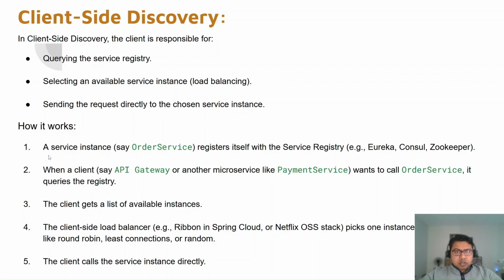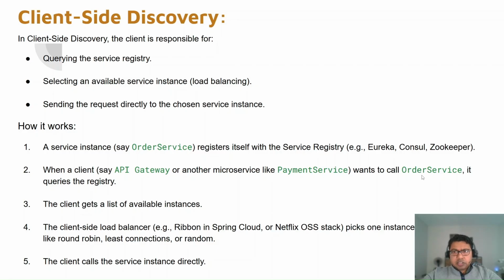How does it work? Say a service instance, order service, registers itself with the service registry. So here the client side service registry, say we have Eureka. We can have Consul or Zookeeper as well. So say we have this order service which registers itself with Eureka, and then there is another client, say payment service, that wants to call order service. It requires a registry. Now say order service wants to call payment service, think like that.